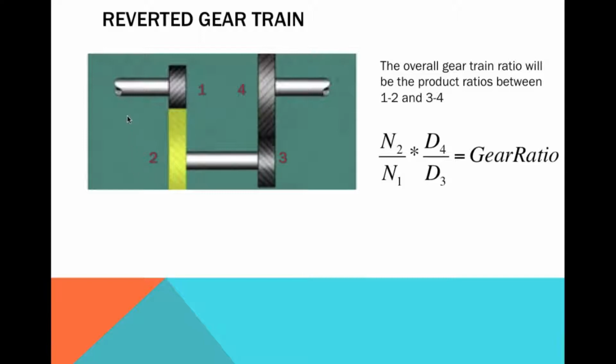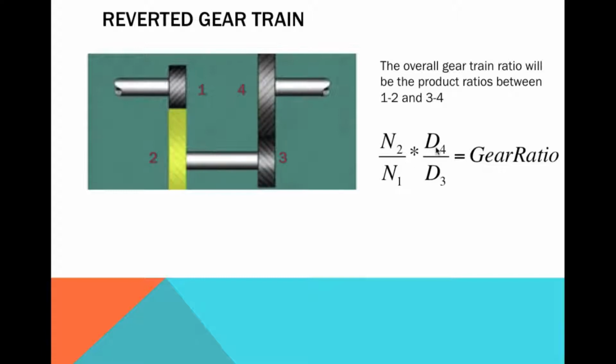To calculate the gear ratio for a reverted gear train system like this, you need to multiply the two gear ratios together. Here, output is 2, input is 1, so we have N2 over N1 times D4 over D3, where D4 is the output and D3 is the input.